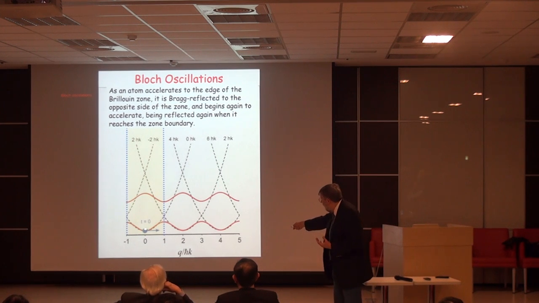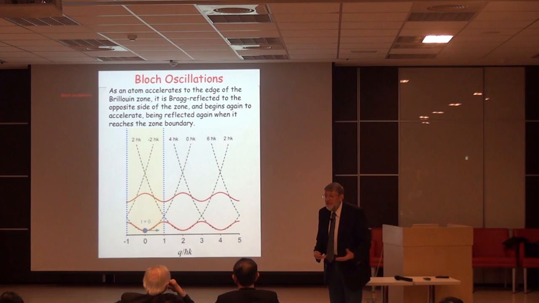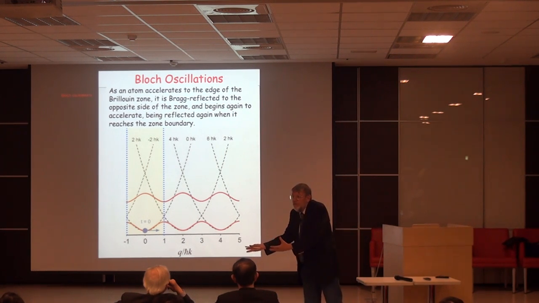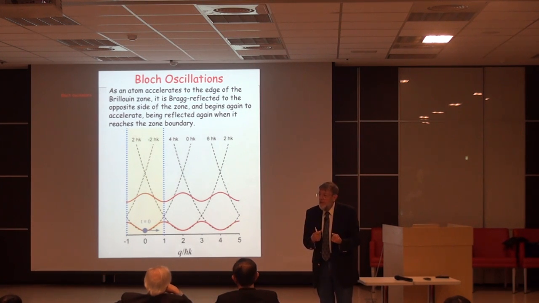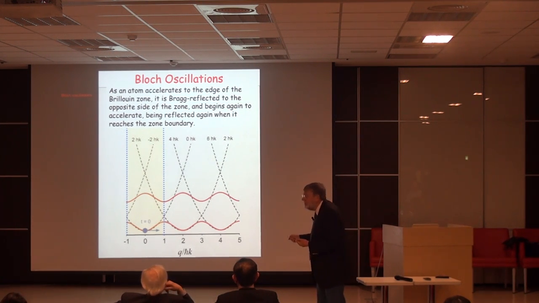So I start off my electrons at zero velocity. I turn on the electric field, they accelerate, just like what happens in the frame of the lattice with my accelerating lattice. The electrons accelerate until they reach a momentum that corresponds to the edge of the Brillouin zone. At the edge of the Brillouin zone, they satisfy the condition for Bragg scattering.